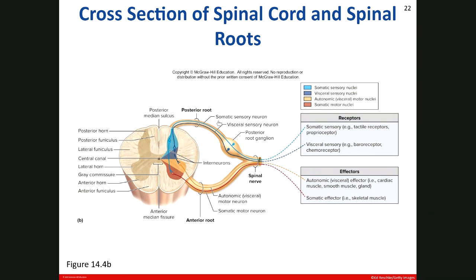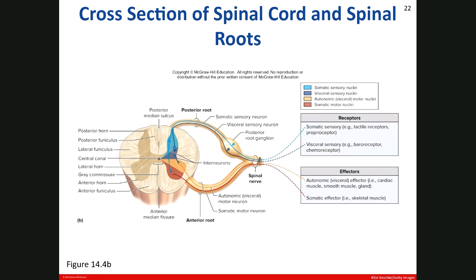And this part shows you the anterior root. In the anterior root, you have two colors. One of them is yellow. And as you see here, the yellow starts from the lateral horn of your spinal cord. It carries the autonomic or visceral neurons to your effector organs, to the cardiac muscle, smooth muscles, and your glands.